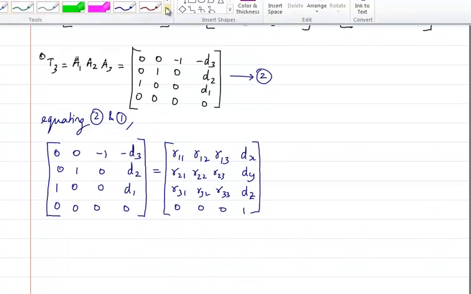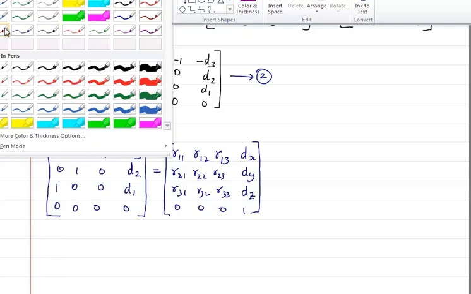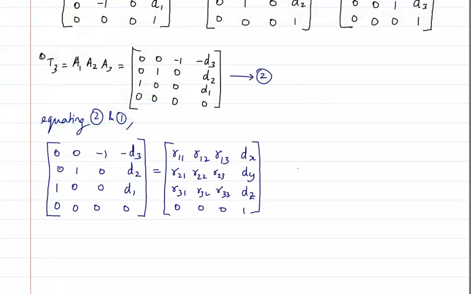So now I can write that, therefore, d1 is equal to dz, d2 is equal to dy, and d3 is equal to minus dx.